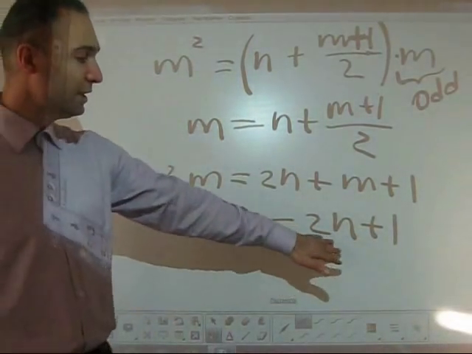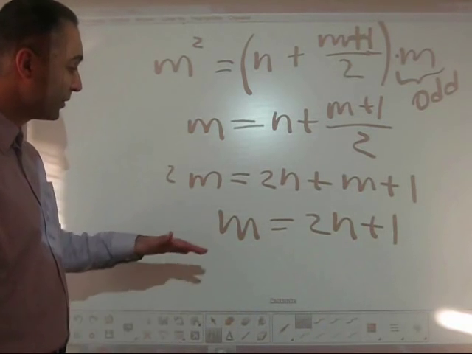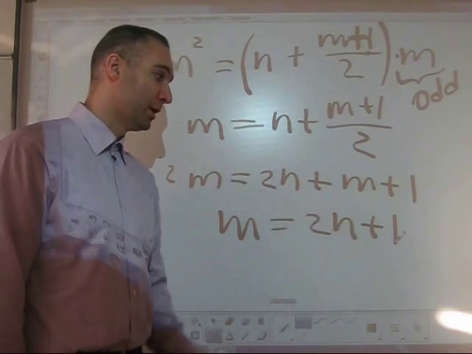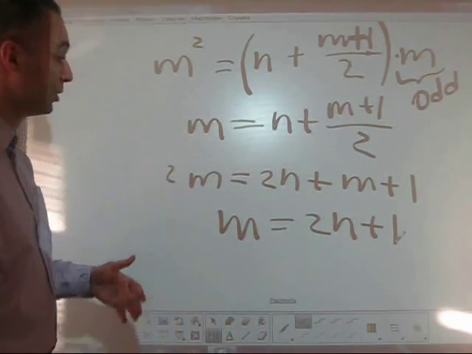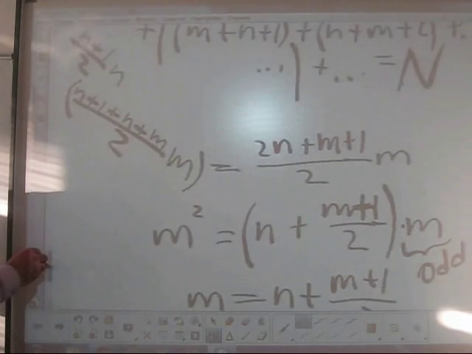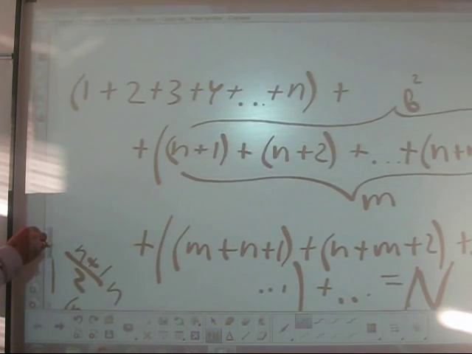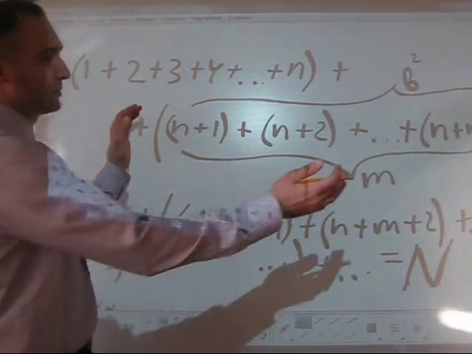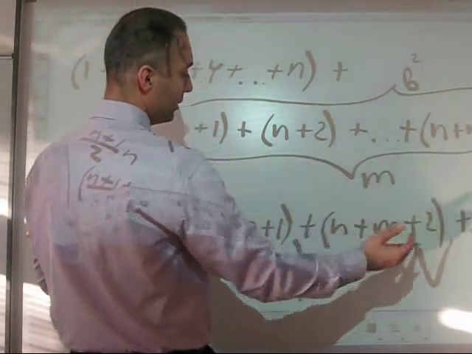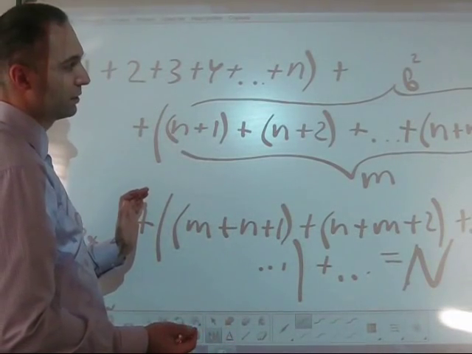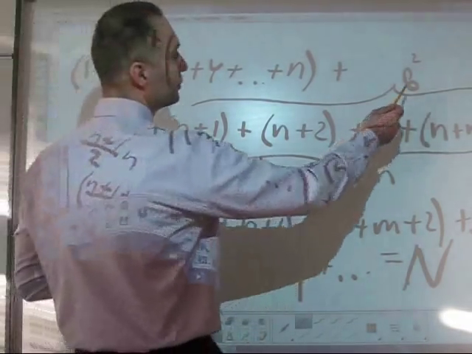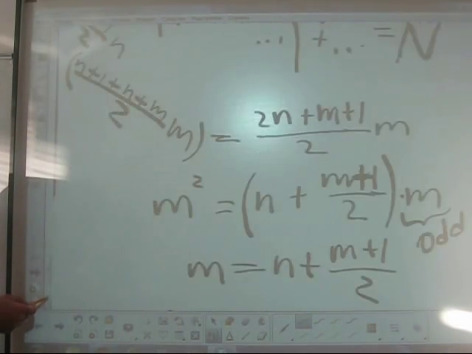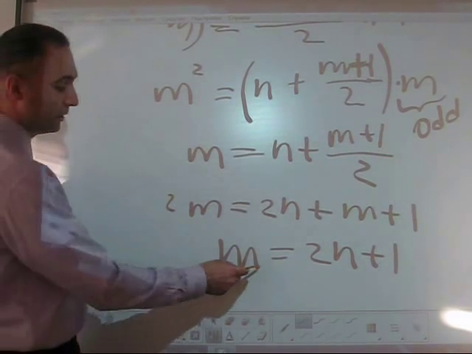So for any n, if we take m equal to 2 times n plus 1, we can express the whole sum as a sum of groups, and each group in this sum is equal to a square of some odd number, and they all are multiples of this n.